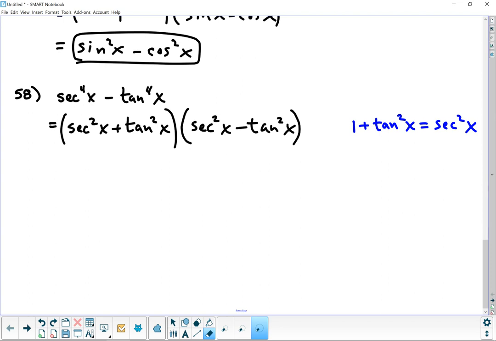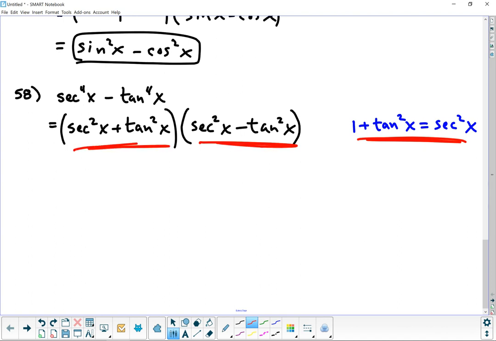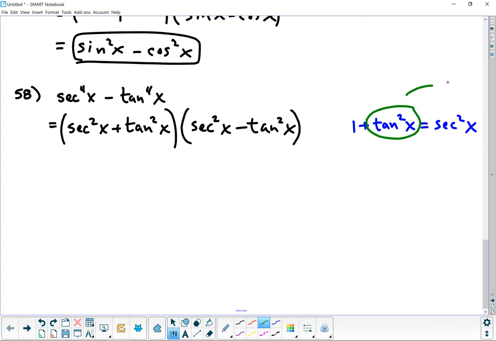So if you look here, this one looks almost like this. If I take this tangent and move it to the back, I would have to subtract.